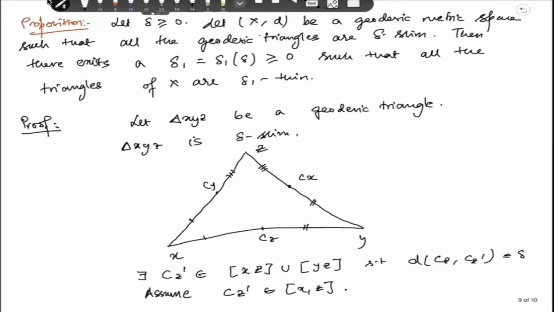Okay. Again, note that this CZ prime may lie either in the geodesic between X and CY or in the geodesic between CY and Z. So the geodesic XZ is just the union of these two geodesics, X CY union the geodesic CY Z. So this implies that CZ prime lies in the union of these two geodesics.